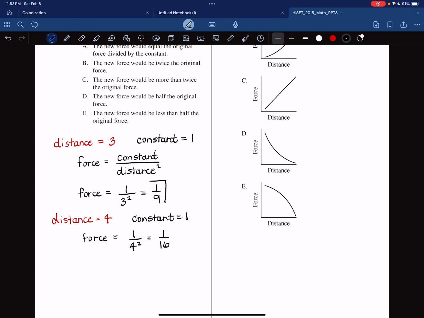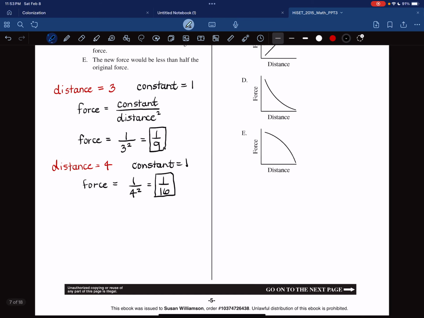So as that distance is getting bigger, the force is getting smaller. Let me do one more so that you can see what's happening. So distance, this time I'm going to use a 5. And we're going to let the constant stay constant.